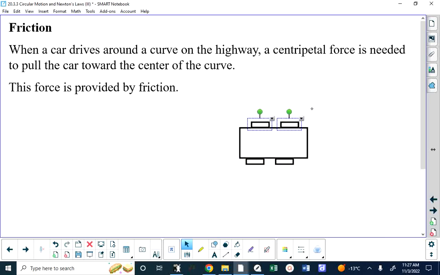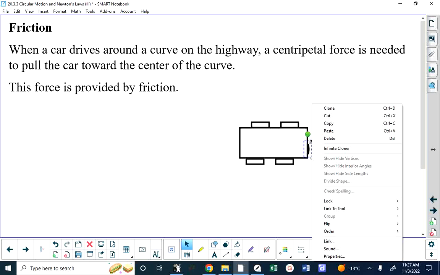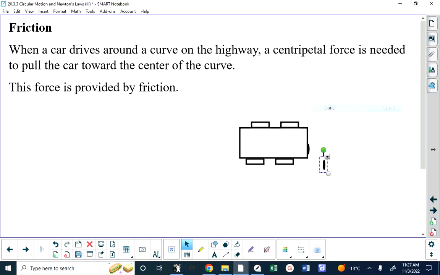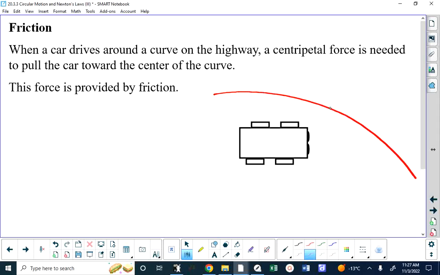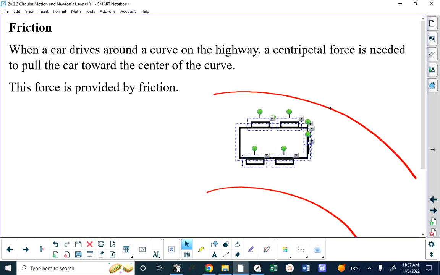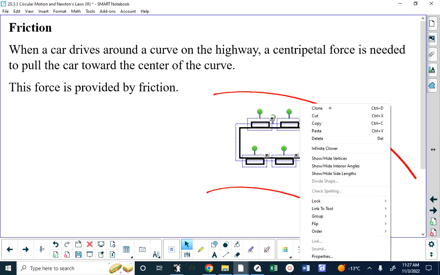And we'll just say that the headlights are here, just so we know where the front of the car is. And the person is driving forward. They're not in reverse. Okay? So they're traveling to the right. If the road is curving, and they want to change direction, I'm going to have to just adjust something here.